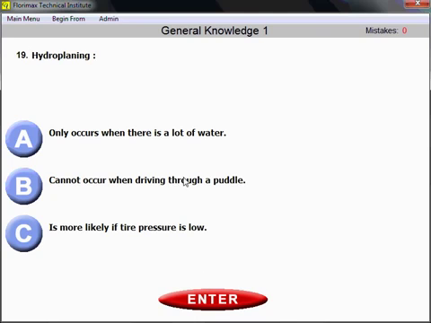You start losing traction. Your tires lose traction with the road surface, and that's what hydroplaning is.